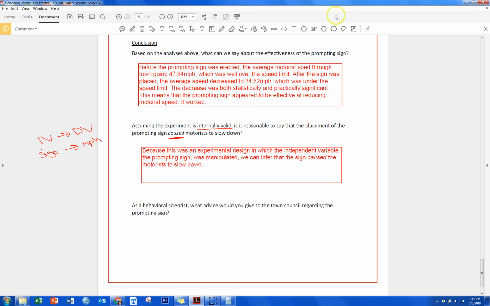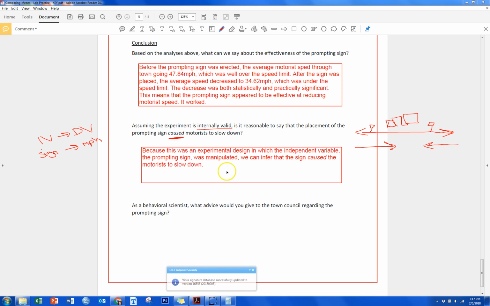So presumably, if the street goes through the town, here's a street, and here's the town, maybe they tried the sign here, so the motorist going this way slowed down. Maybe they could put a sign on the other side to slow down the motorist going this way, right? So they could put another sign. They could try the sign on some different streets, or they could take the sign down. So they have a few options here.